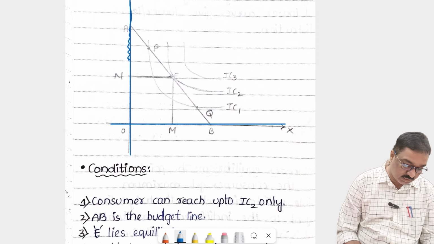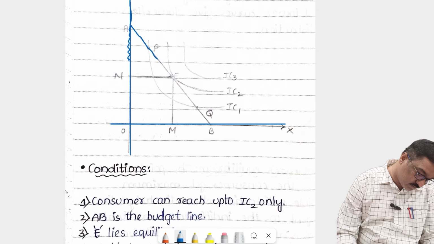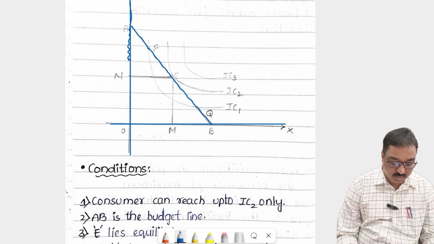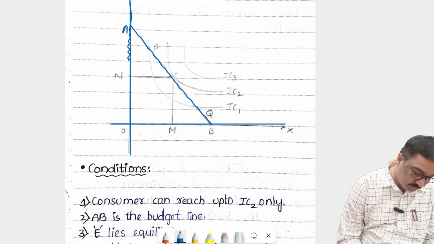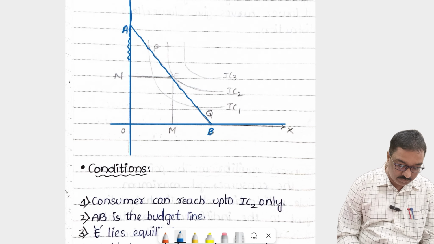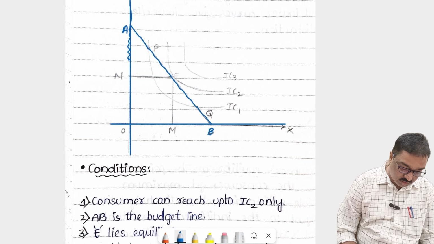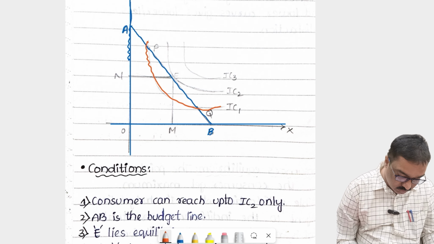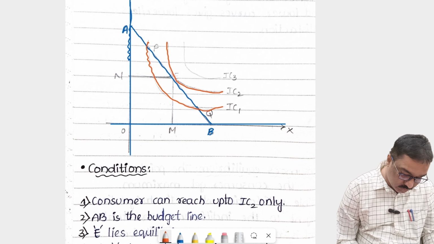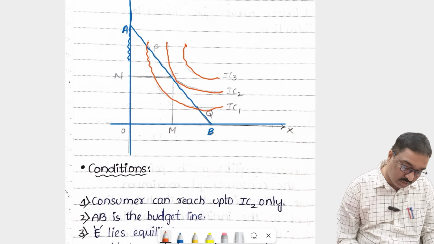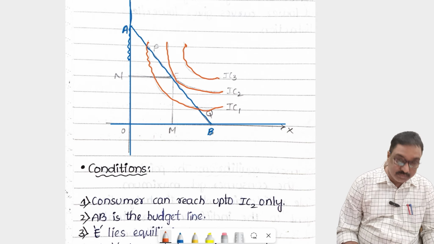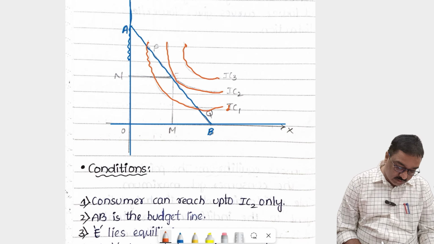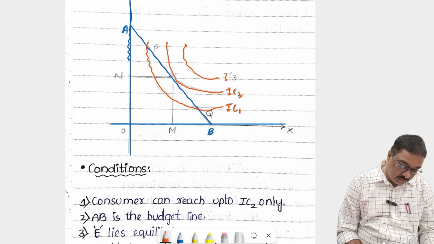AB is the budget line. There are three curves: IC1, IC2, IC3.